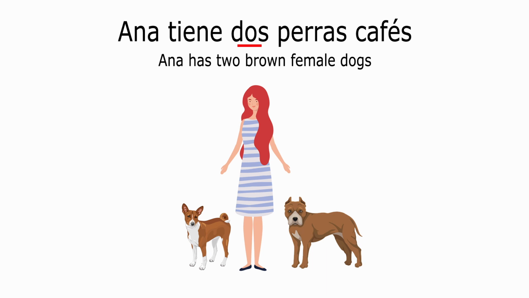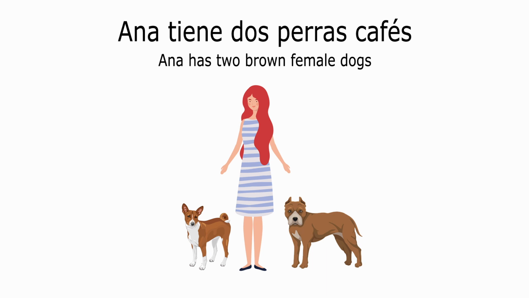Next we have dos perras, two female dogs. The word perras is the feminine plural form of perro, dog, because we're referring to female dogs and the number dos means two. Since perras is feminine and plural, the color word café must also agree. But here's something important.